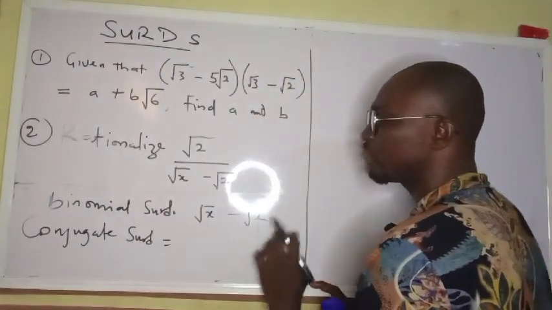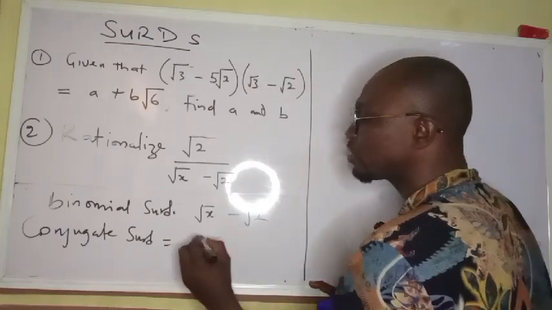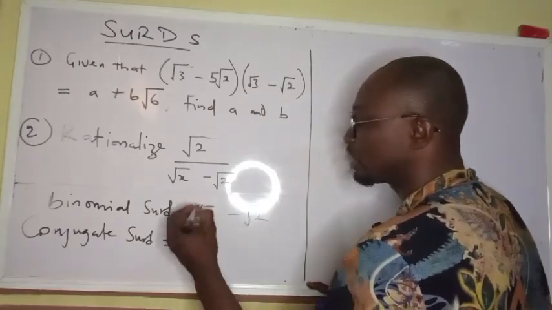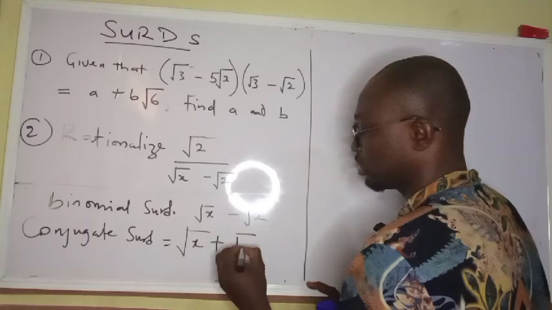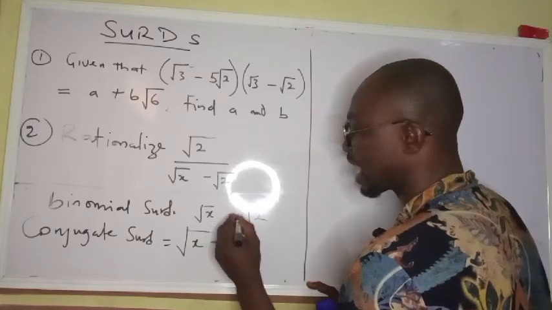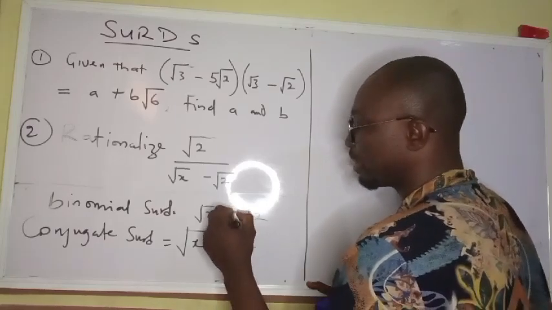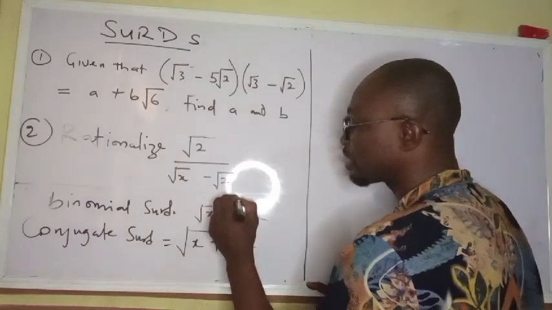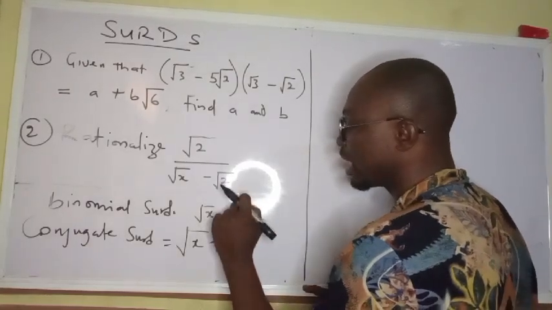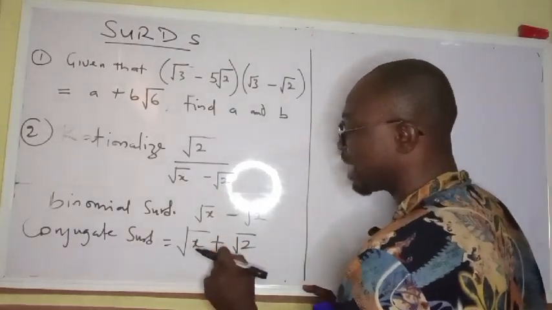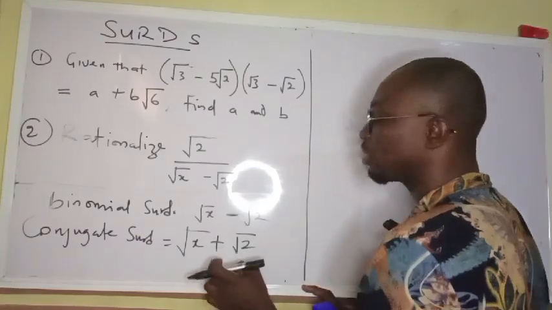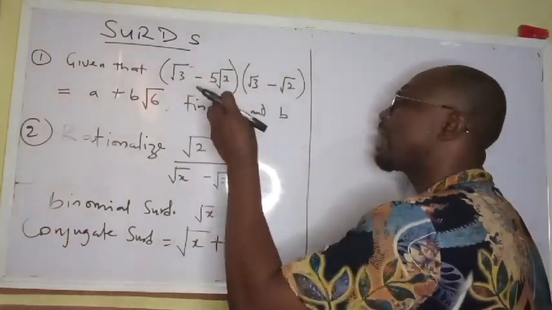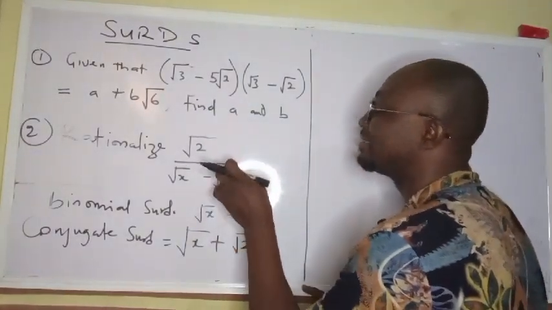So what is the conjugate of this surd? The conjugate of this surd is √x + √2. That is, the sign here will change from negative to positive. If it is positive here, the conjugate will now be √x − √2. So we use the conjugate to multiply both the numerator and the denominator.